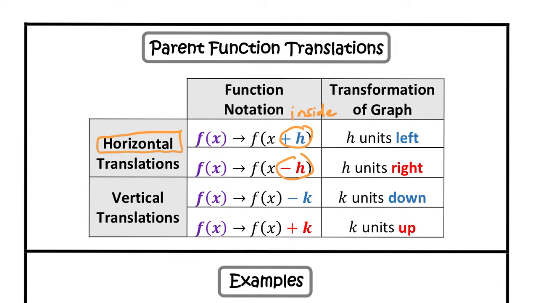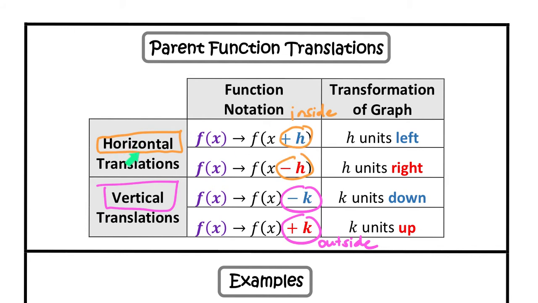And if they are outside of the parent function, then we have vertical. That's what we want to take away from this table. So we know inside values being added or subtracted are horizontal, outside values being added or subtracted are vertical. And then comes the other detail.